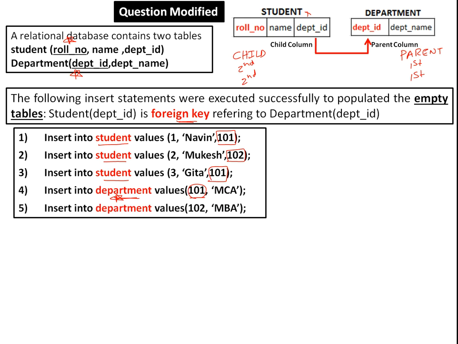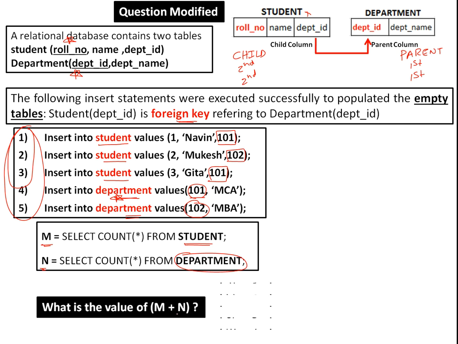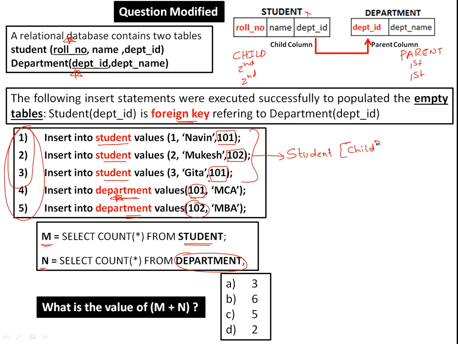Now totally 5 inserts I have done. 3 into the student table. So M is the number of rows inserted into the student table. N is the number of rows inserted into the department table. What is the value of M plus N? These 3 rows I try to insert into student, which is the child table. These 2 rows I try to insert into the parent table, that is department. Now tell me what is the result?